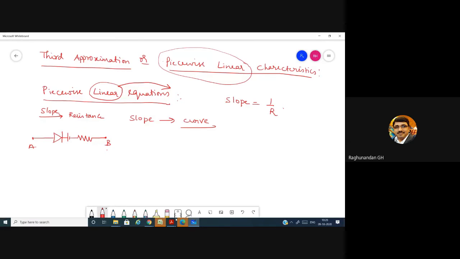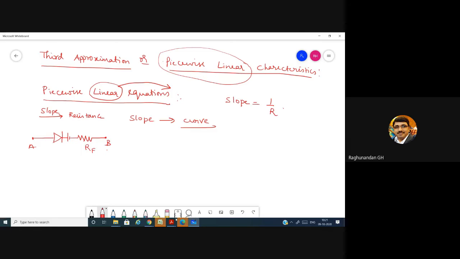Diode will get forward biased only when this particular battery voltage is lesser than the voltage you are applying at this terminal. And since this resistance is present, it is not very high, it will be very less. This is the forward resistance, RF. What is the forward resistance value?